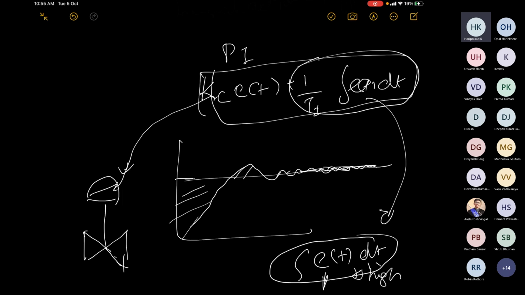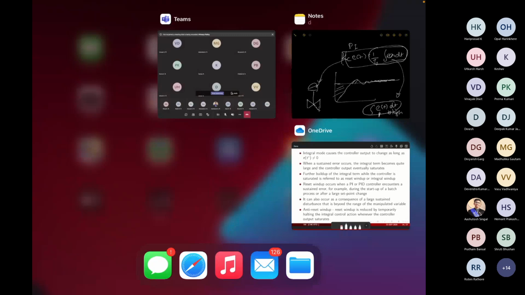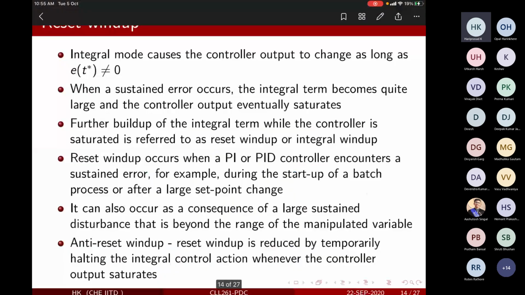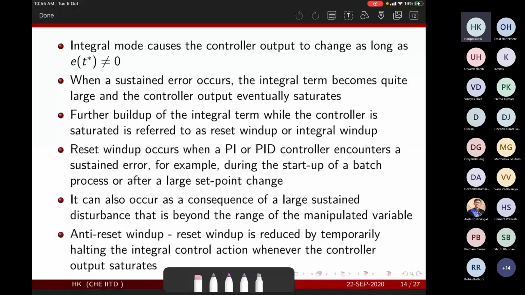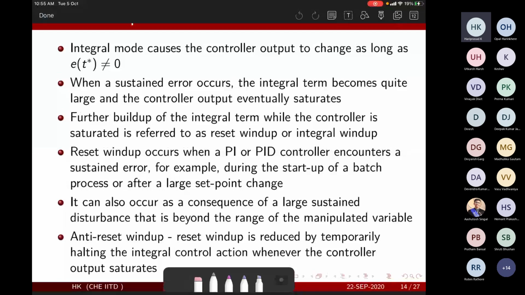It's already open, or it's already closed. So in that context, you might consider dropping the integral action when the valve is fully open or fully closed, depending upon which valve it is. Which is essentially what it says: reset windup is temporarily halting the integral action whenever the controller output saturates.